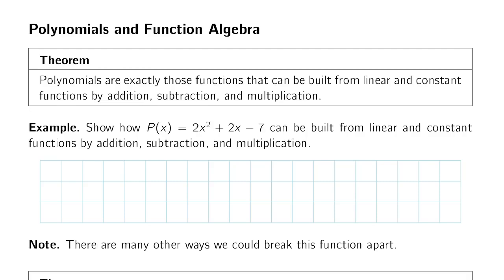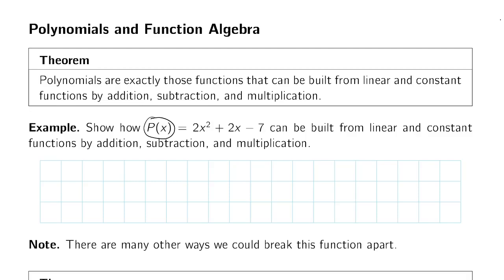Just as an example of this, here's just some random polynomial. And we're going to see how we can build this from linear functions and constant functions with just addition, subtraction, and multiplication.